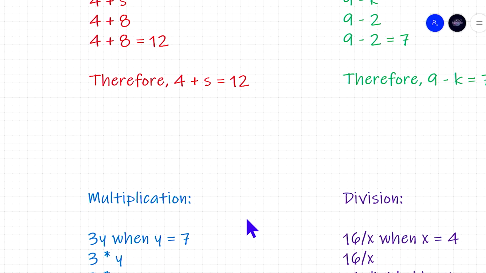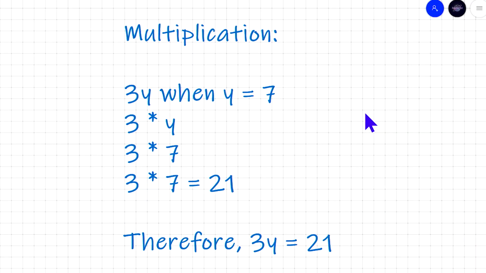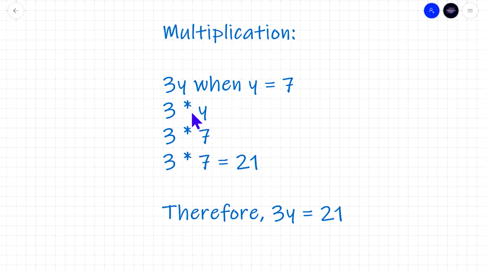Now, going down here to multiplication. Okay, so we have 3y when y equals 7. So just write it out, 3 times y. This little asterisk is actually like a times sign. People don't usually use x when they're multiplying, just because x can be confused with a variable. So like 3 times y. This does kind of look like an x, and that could be something totally different.